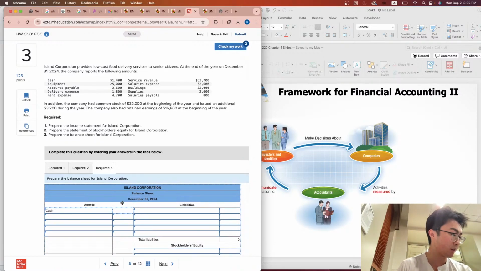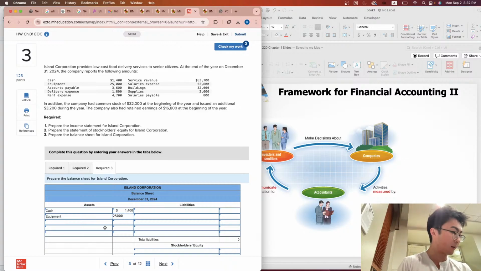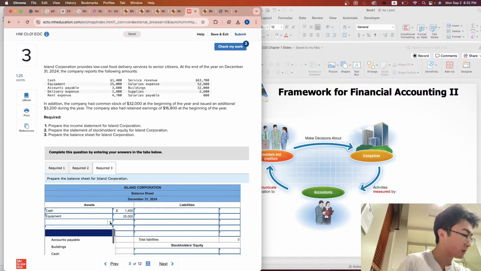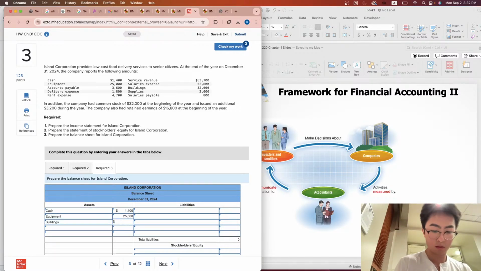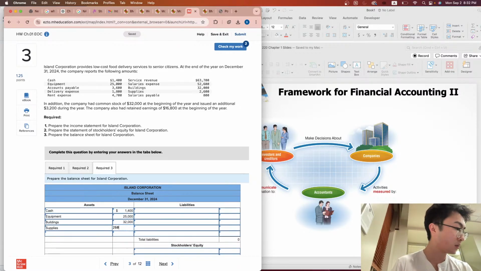I think this already reflects exactly the effects of what has happened. So billings, supplies of 600.